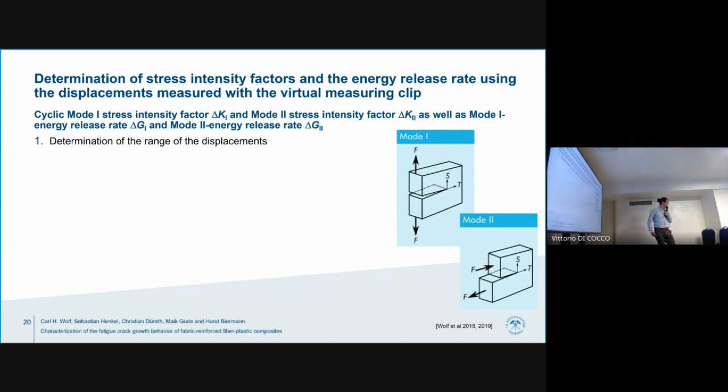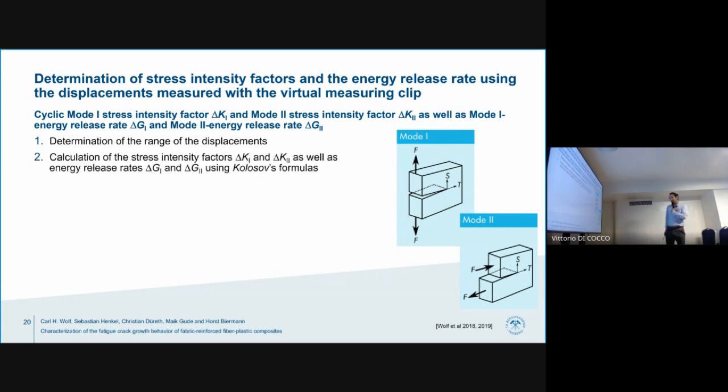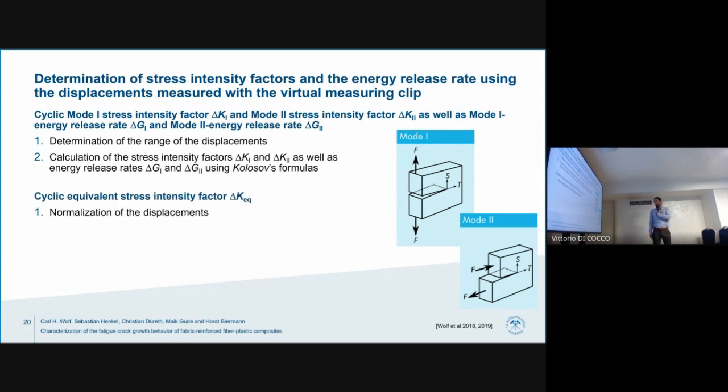This was a discussion we had at the presentation before. Afterwards, we could calculate the mode 1 and mode 2 stress intensity factors, as well as the mode 1 and 2 energy release rates using Irwin's formulas. But if we want to look at the equivalent stress intensity factor and equivalent energy release rate, it becomes kind of more complicated.